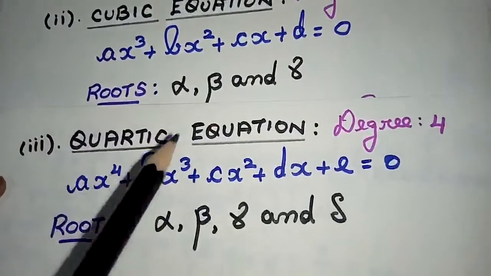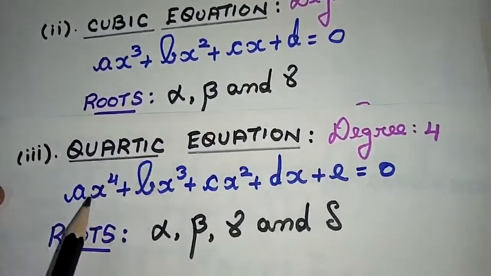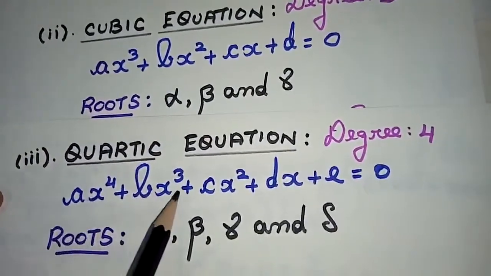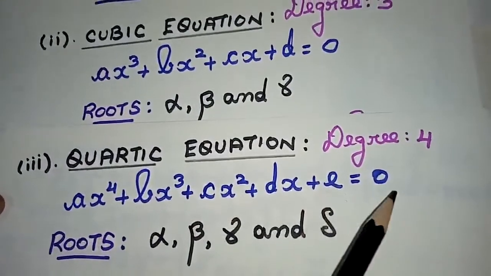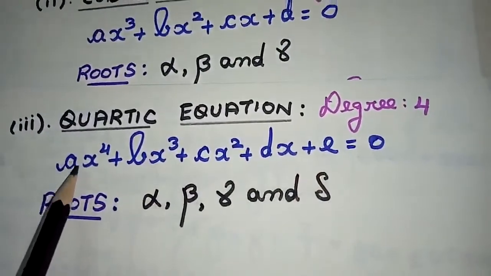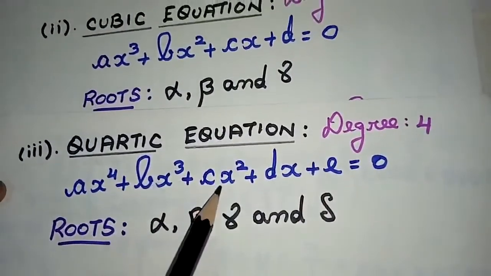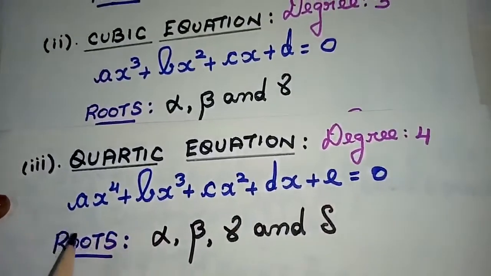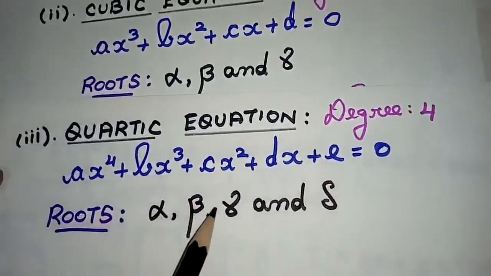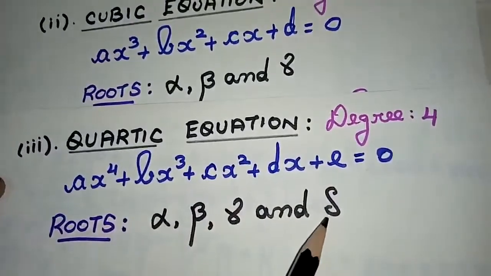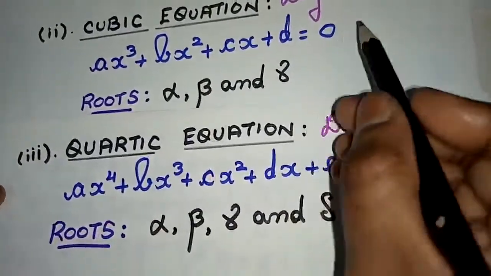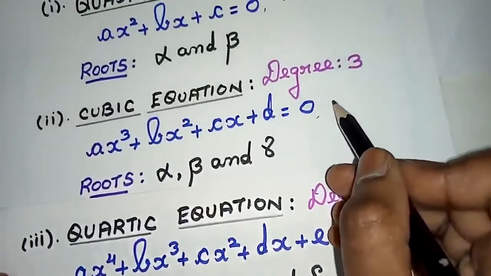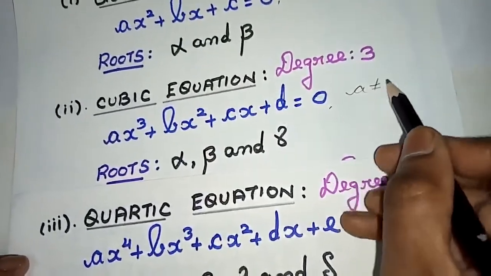Coming to the quartic equation, degree 4: x to the power 4, x cube, x square, x, constant equal to 0. That is ax to the power 4 plus bx cube plus cx square plus dx plus e equal to 0. I am going to get four roots here, that is alpha, beta, gamma and delta. In these two cases, again I am going to check that a must not be equal to 0.